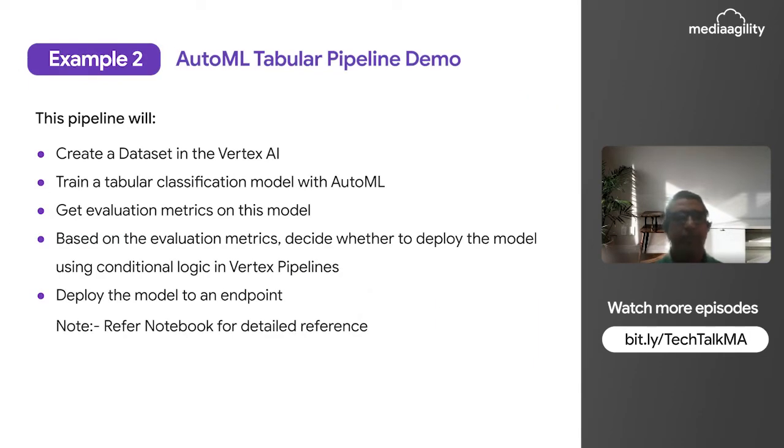In the second example, we try to create a Vertex AI pipeline for the purpose of model retraining. In order to retrain the model, the very first thing is that we have to create the Vertex AI dataset.